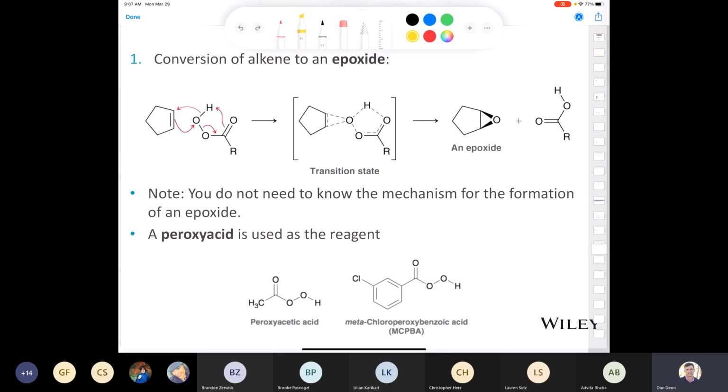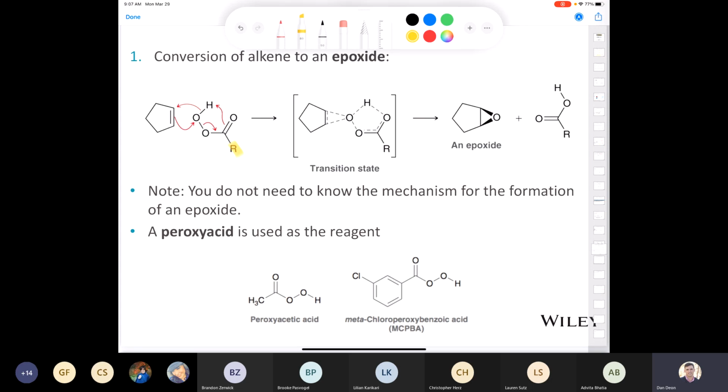So if you're wondering, you know, what's this R group? What are the types of peroxy acids that we can use? There are 2 types that will show up in this class. I think that most of the time, David Klein will just write RCO3H like this, right? You just take a carboxylic acid and you stick an extra oxygen in there. I think that most of the time he writes this, or he writes MCPBA, okay?